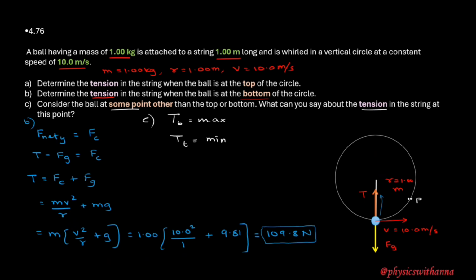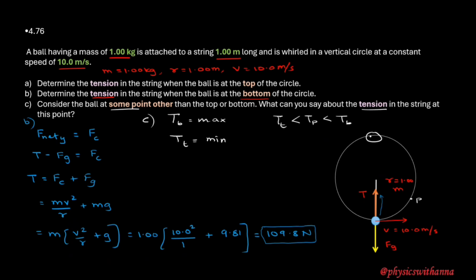So at any point P which lies between the top and the bottom, tension at point P will be intermediate between these values. That means it will be greater than the tension at the top, but smaller than the tension at the bottom. As you go from the bottom to the top, tension in the string will reduce, going from maximum value at the bottom to minimum at the top.